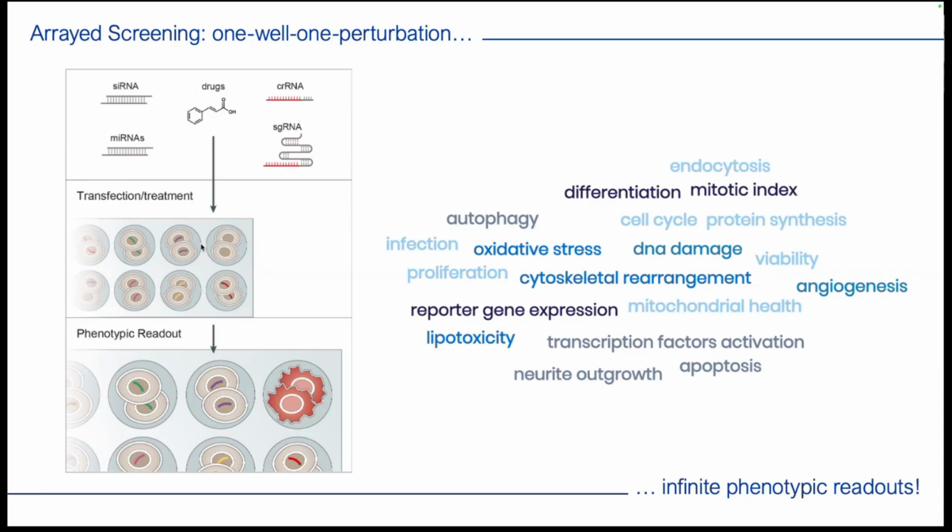So we can really look at multiple processes. Here I'm just listing some: proliferation, cell cycle, gene expression, apoptosis, autophagy, and you name it. We have to design an assay for that, but this can be measured by this technology.